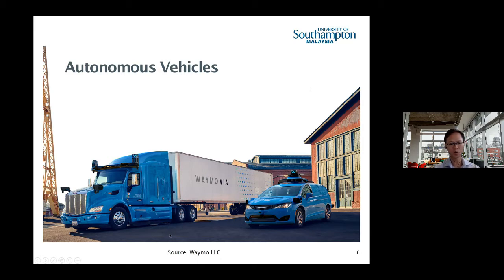So you might have a whole fleet of lorries pulling your containers going from the port to where the distribution center is. So all of this is being worked on by engineers at the moment. Okay, so if you start with mechanical engineering as your fundamental training, and then you specialize in automotive engineering, and then you go on to specialize in autonomous vehicles, this is a potential career pathway for you.